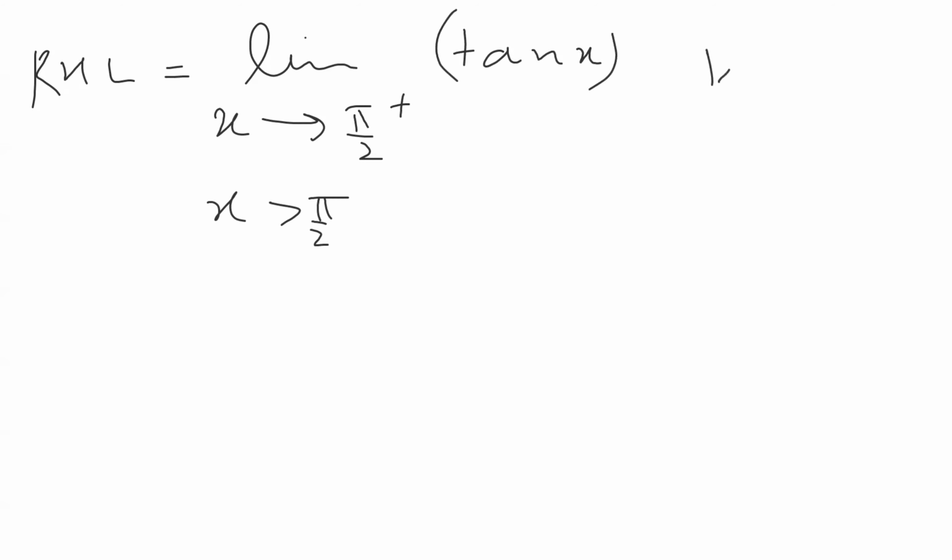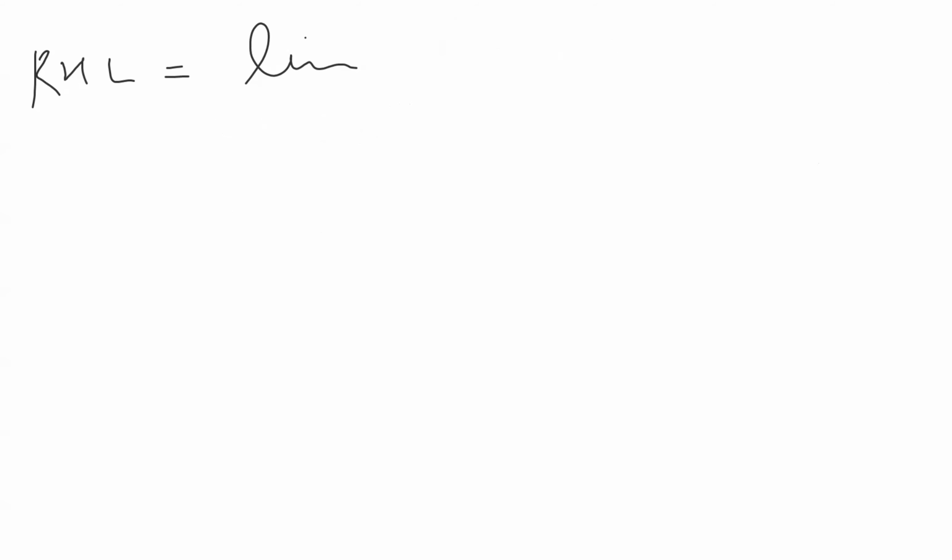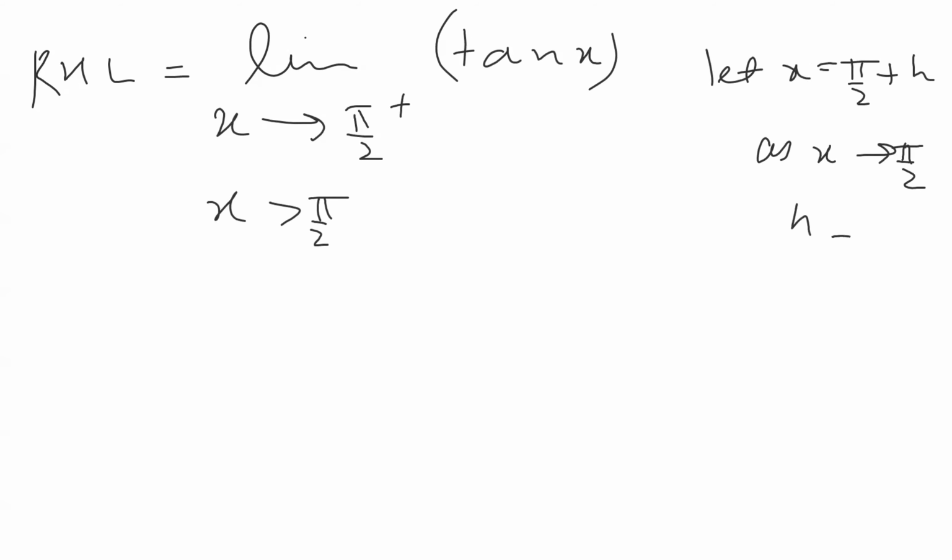Let x is equal to pi by 2 plus h. Why plus h? Because RHL will write plus h over here. As x approaches pi by 2, pi by 2 and pi by 2 will get cancelled and h will approach 0. So limit h approaches 0, tan of pi by 2 plus h.